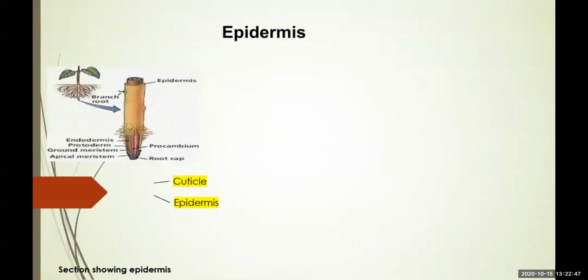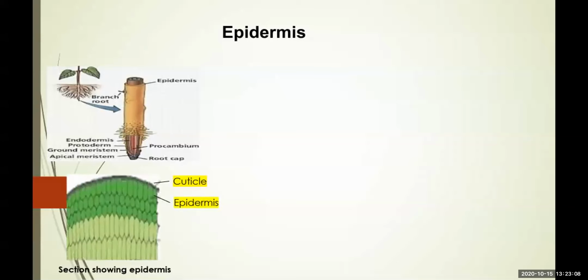Now let us study about it in detail. This thin layer that we observed under the microscope is known as epidermis. This is the outermost layer of the plant. It is present on the leaves as well as on the stem, as shown in this diagram.